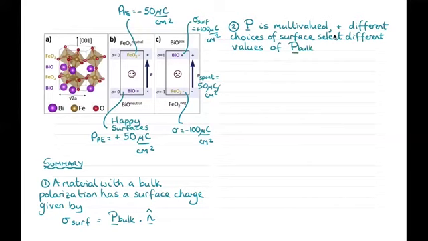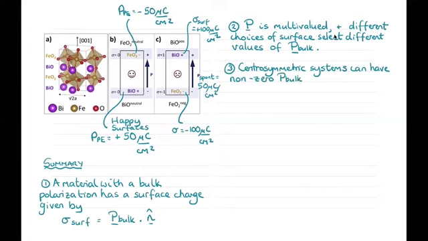And we looked at a recipe for how to determine P bulk for a general periodic solid. We saw that centrosymmetric systems can have non-zero values of P bulk, and as a result, non-zero surface charge.